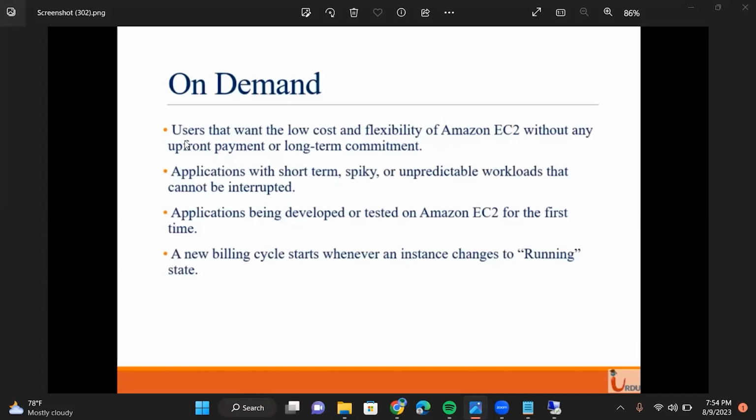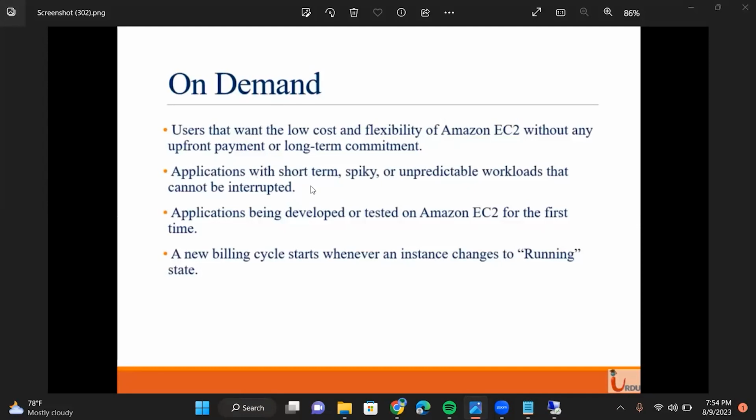So if we have a flexible requirement and we don't want to give any upfront payment and we don't have any long-term commitment, then we can go with the on-demand EC2 instance type, because we only pay for those instances which we have used. Okay.